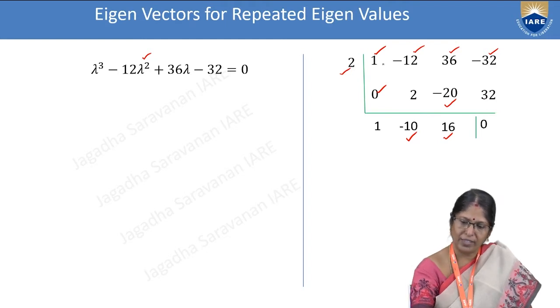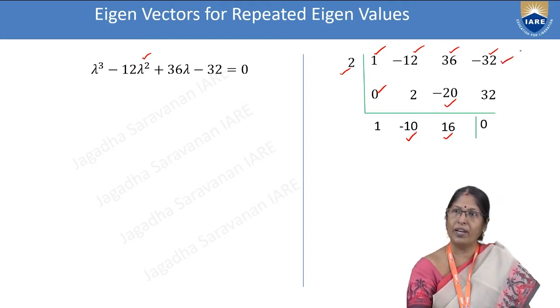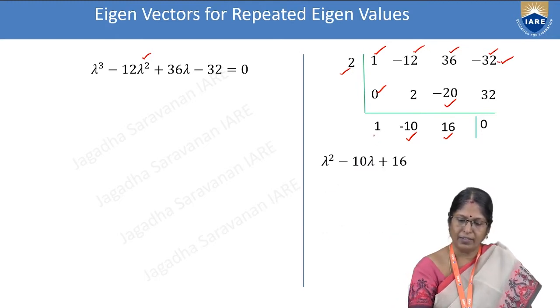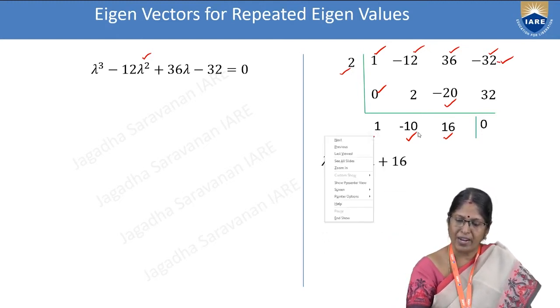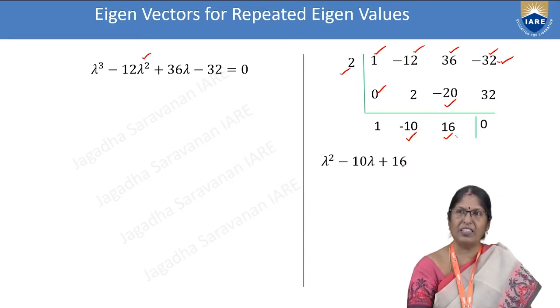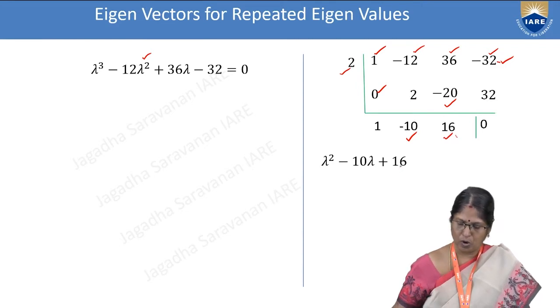Next, this is a cubic polynomial in terms of lambda. From the cubic polynomial, with root 2, it is reduced to a quadratic. That is, lambda square minus 10 lambda plus 16. This easy way, the factorization method, we can solve.